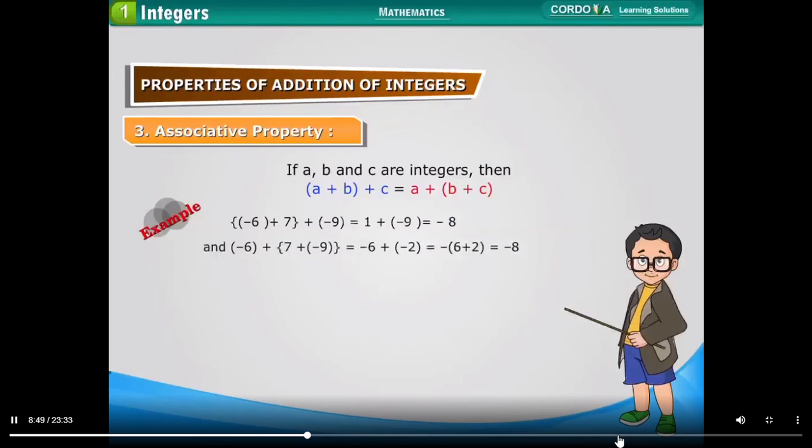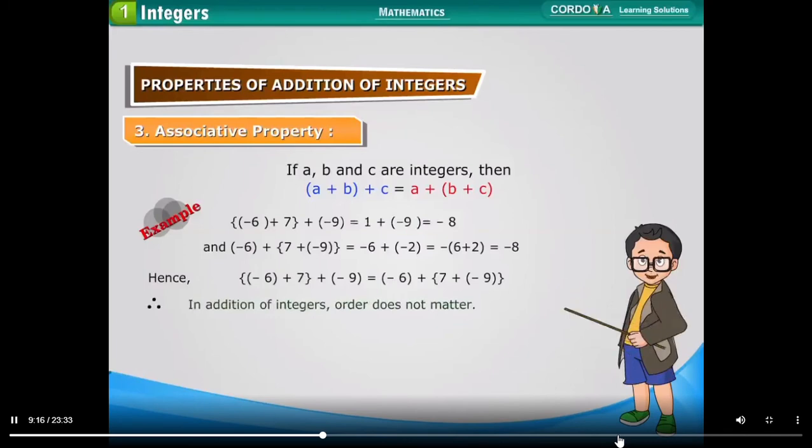And negative 6 plus (7 plus negative 9) is equal to negative 6 plus negative 2, which is equal to minus 6 plus 2, which is equal to negative 8. Hence, (negative 6 plus 7) plus negative 9 is equal to negative 6 plus (7 plus negative 9). Therefore, in addition of integers, grouping does not matter.